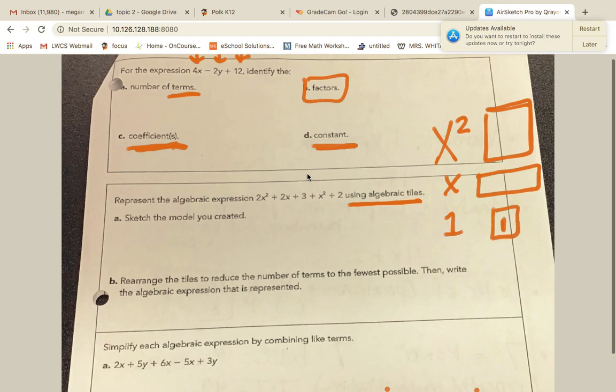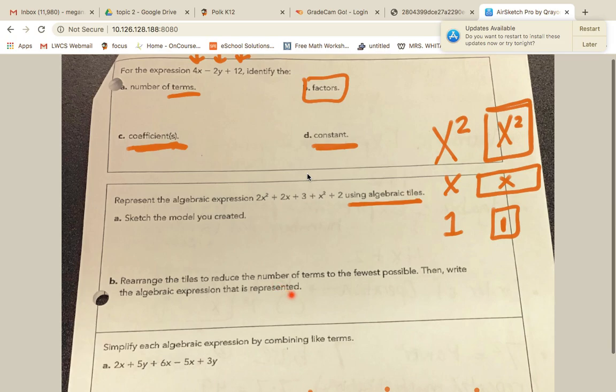Again, you would put x here, and inside here you put x to the second power. So if it said 2x, then I would need 2 of these. If I had the number 3, then I know I need to have 3 of these. So you can sketch them all here. We talked about this in class. It was on your homework.